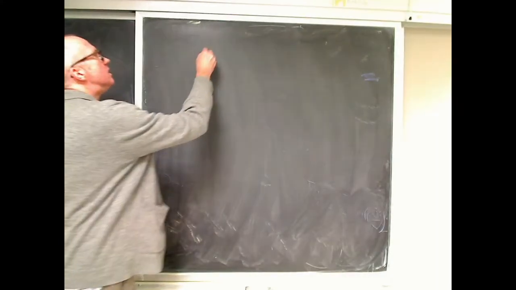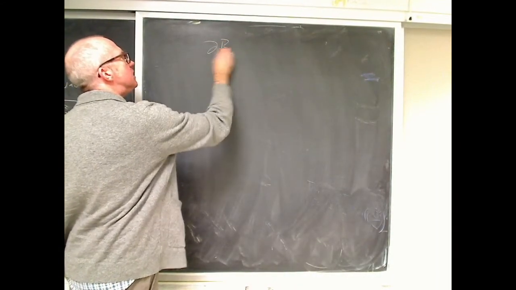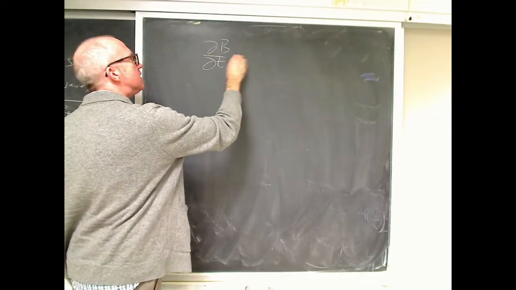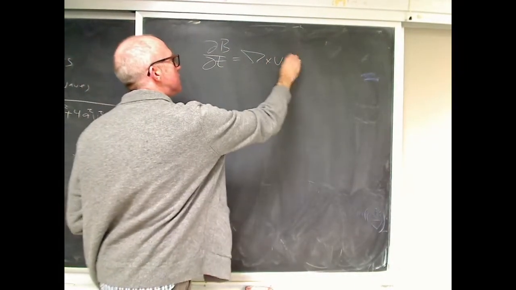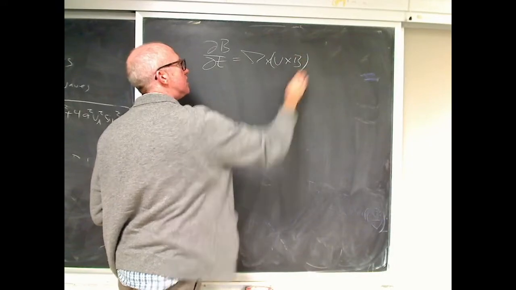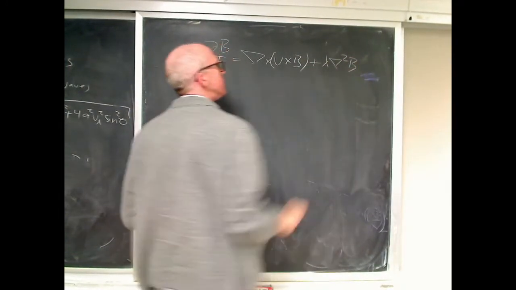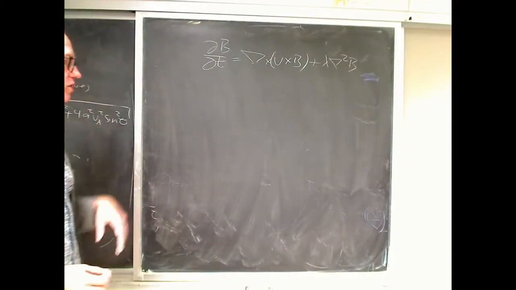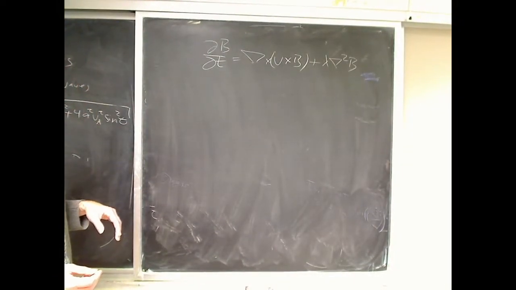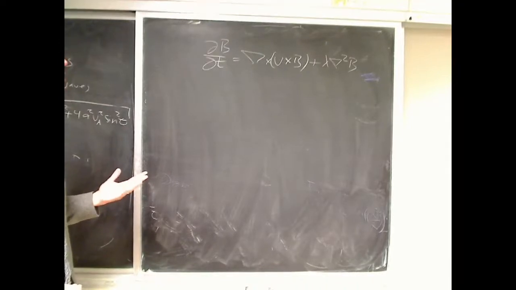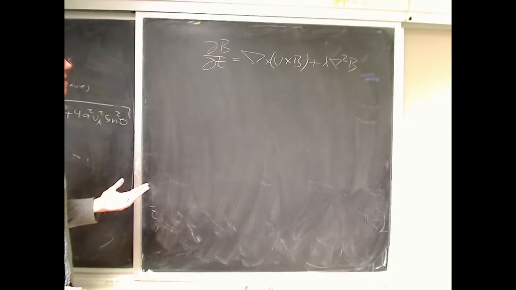So you'll notice that you really got to keep that diffusion term on. So this is the induction equation again, and it talks about the amplification of the magnetic field.